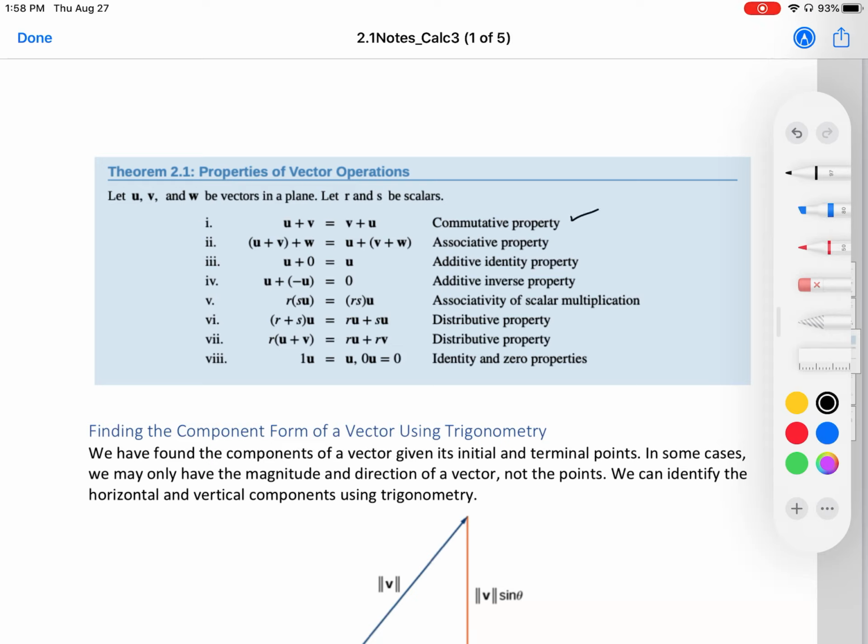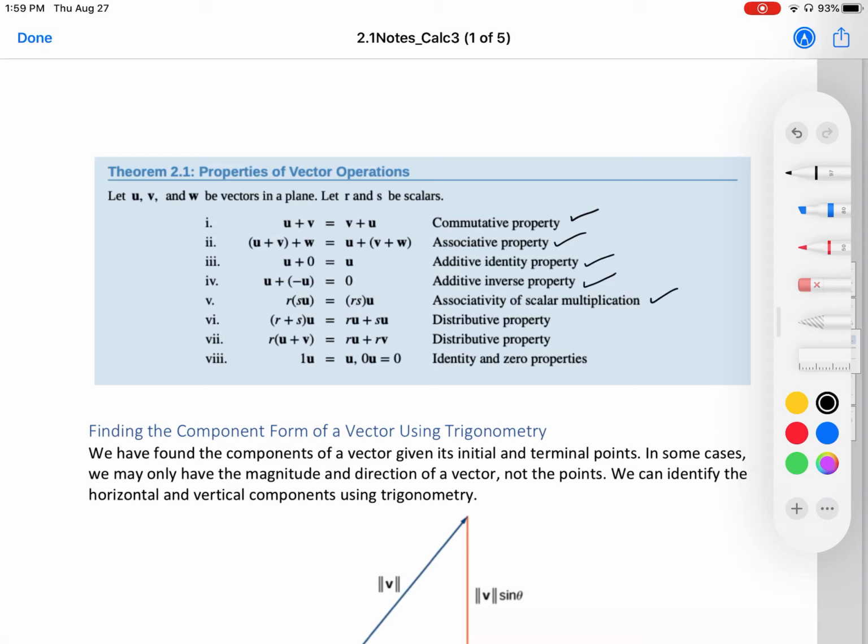Next, we have an associative property, which means if I have 3 vectors, I can group them however we'd like. If I add 0, that's the additive identity property. If I add its additive inverse, we get 0, which is the additive inverse property. Next, we have associativity of scalar multiplication, which shows that I can multiply however I like with the scalar.